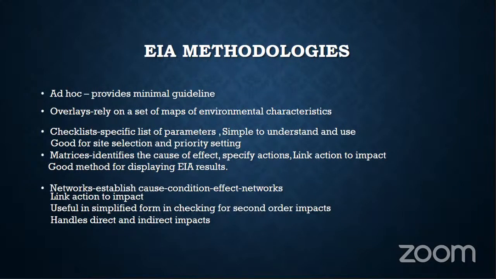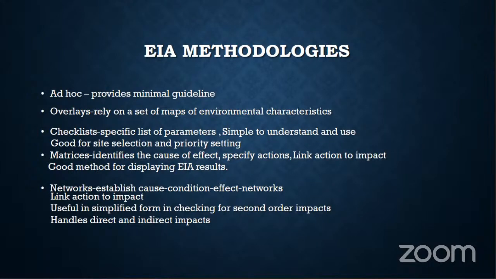Next we can see the EIA methodologies. We can account for five methods to assess the environmental impacts. The simplest method is the ad hoc. It will give some minimum information, like the condition of the project area, vegetation present, what is the status of flora and fauna, like that.